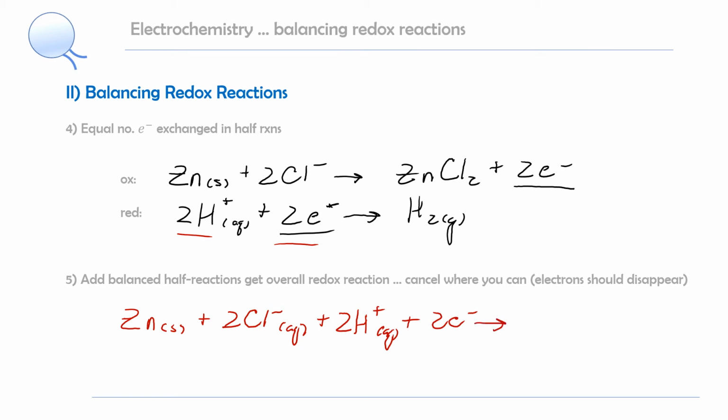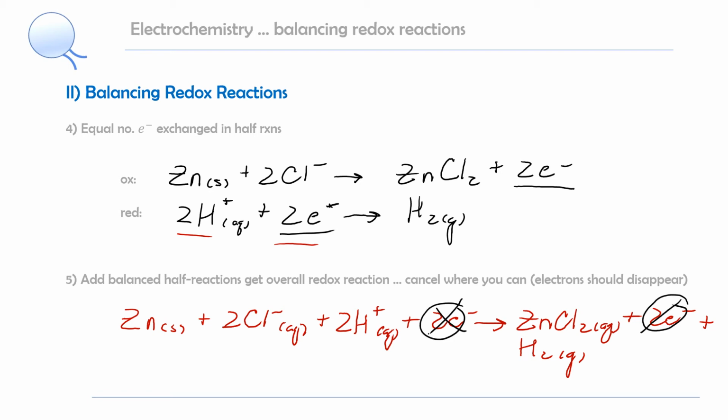On the right, I have zinc chloride, 2 electrons, and H2 gas. If you've properly balanced your 2 half reactions, the electrons should cancel. So I can subtract the 2 electrons here and here, they go away.